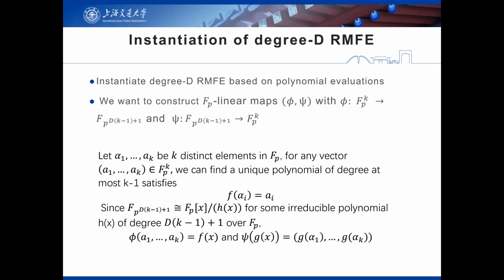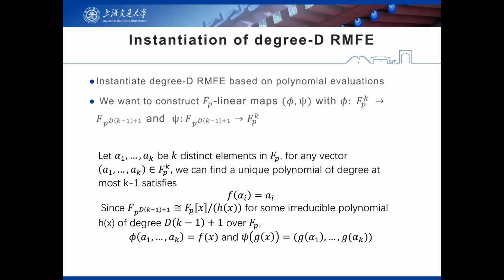And we can treat this extension field as F_p[x] divided by h(x), where h(x) is just some irreducible polynomial of degree d(k-1)+1. Then phi just maps a_1 to a_k to f(x).